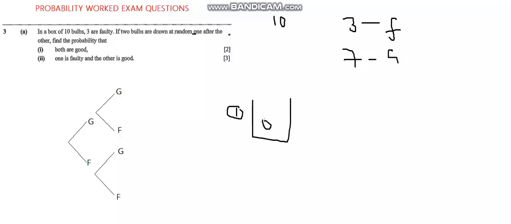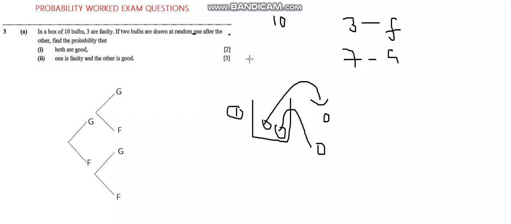They picked one bulb, they put it aside. Another one was picked after the other, without taking them back. That is without replacement. Now here are some of the things that you need to know when it comes to without replacement. The first selection is not affected. The second selection is affected, including the totals.